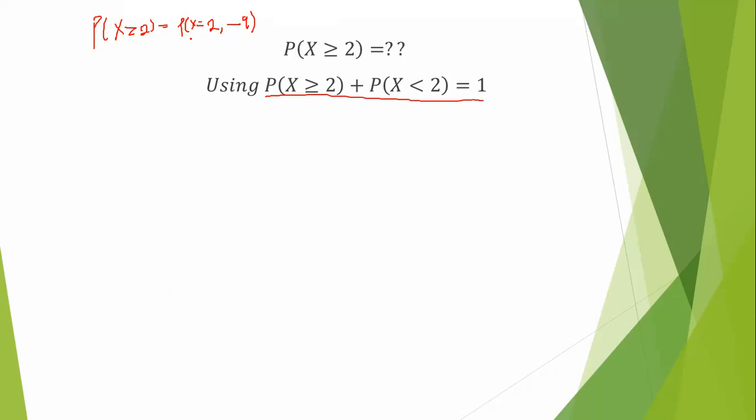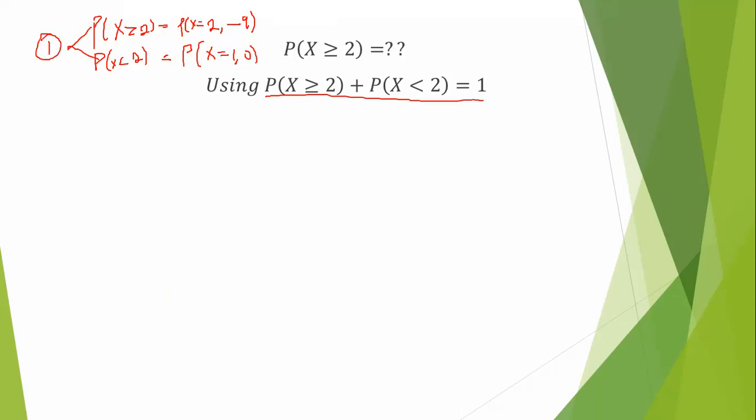Then we also have numbers which are less than 2, which would be probability x equaling to 1 and 0. Yes, when we add these two probabilities here, they should give us a what?